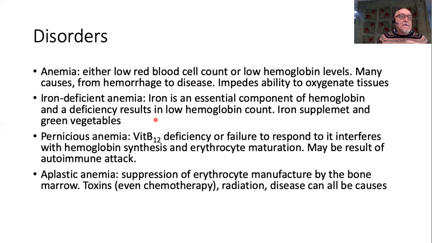As far as iron is concerned, there is in fact a specific anemia associated with low iron content in the body, and a deficiency like that will result in a low hemoglobin count. But there are iron supplements and also diet. We get much of the iron that we require from green vegetables and green leafy vegetables, and especially from green, slightly bitter vegetables like chard, that sort of thing.